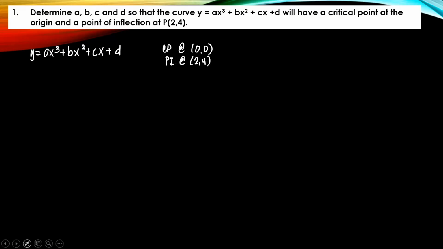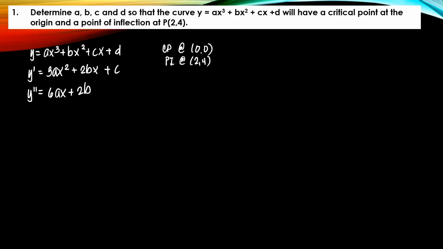Okay, in order to do this, we have to be able to know what y prime and y double prime are. Take note that a, b, c, and d are constants. So that means this is 3ax squared plus 2bx plus c. And then the d becomes 0. If it's y double prime, it's 6ax plus 2b. The rest are 0. Can you follow?